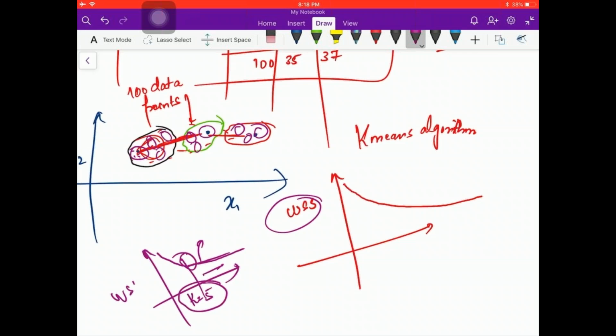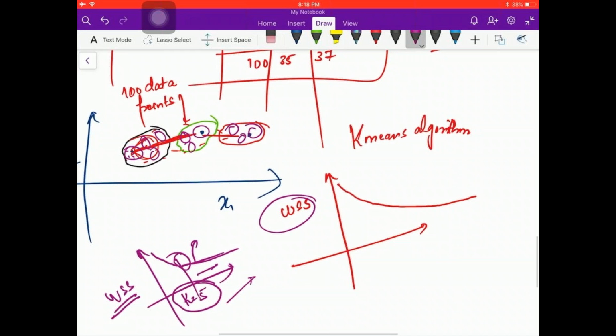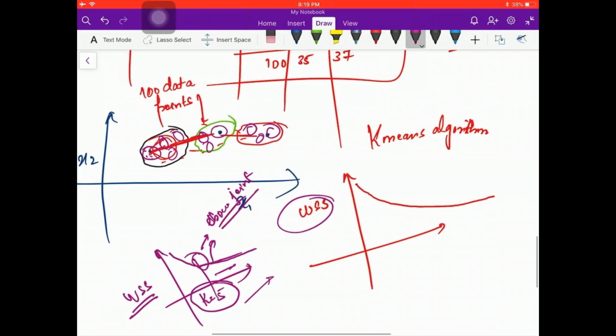This is your WSS. And this plot can be seen in Python. This code is very easy. This is called the elbow joint, and beyond your elbow joint, you do not go and try to overfit your clusters.